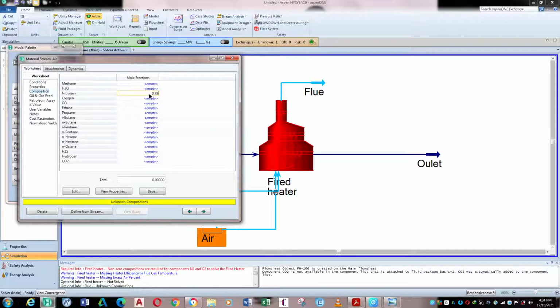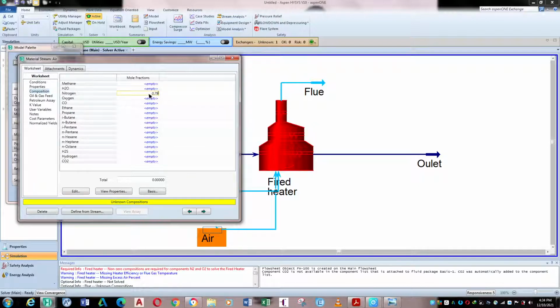So on the flue gas product stream, we don't specify anything, because that is one of our other objectives. We need to see the composition of the flue gas and the flow rate of the flue gas as well.